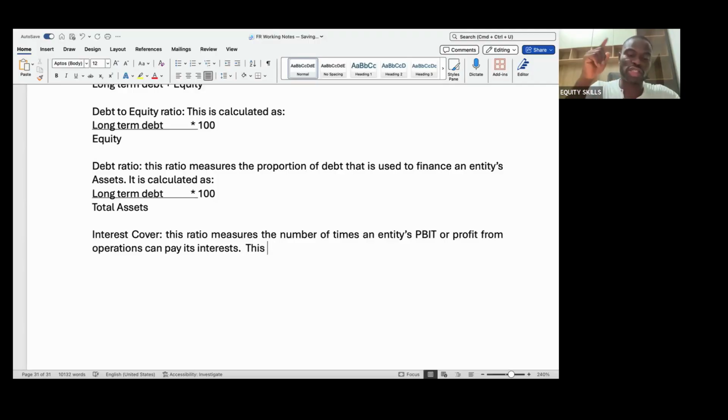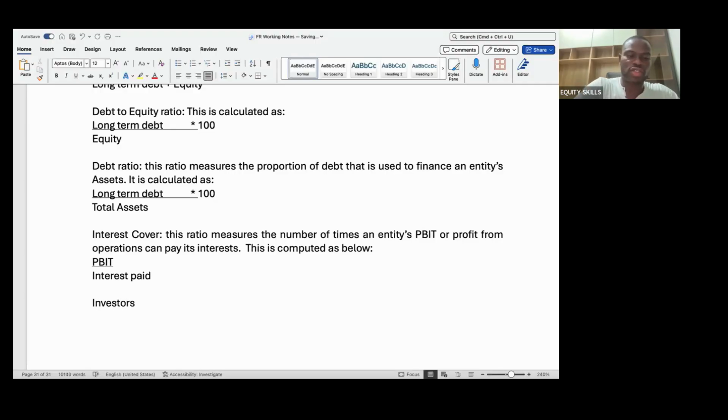Then instead of profit, you can use operating cash flows, cash from operations. So this is computed as below. Is PBIT all upon interest paid or payable. That gives us a sense of our interest cover.